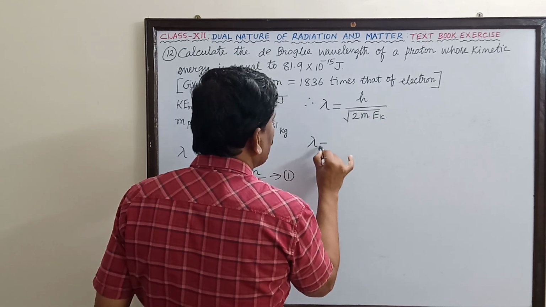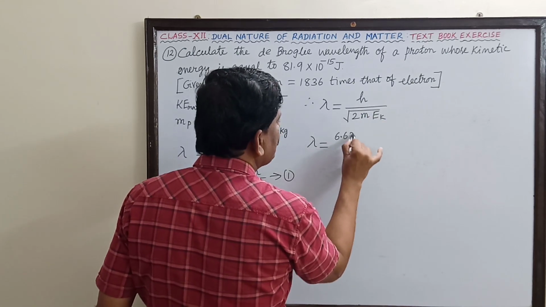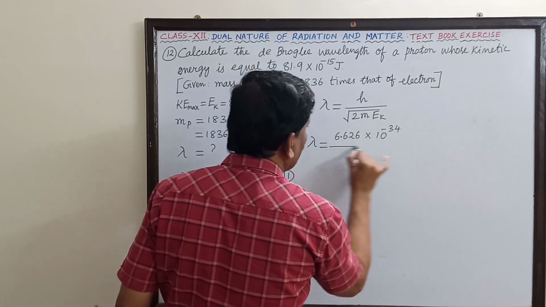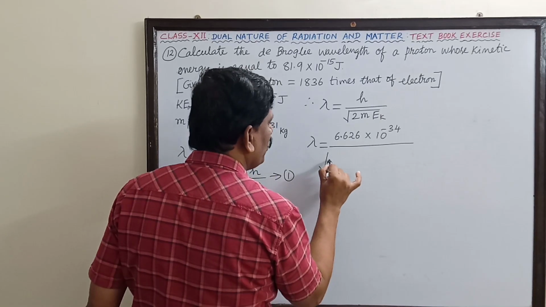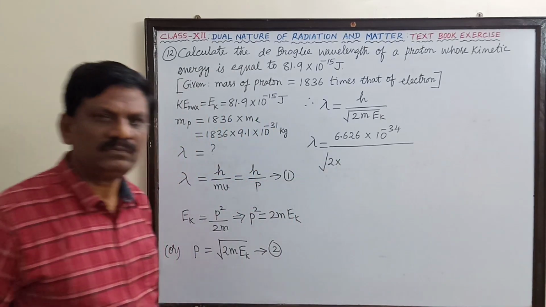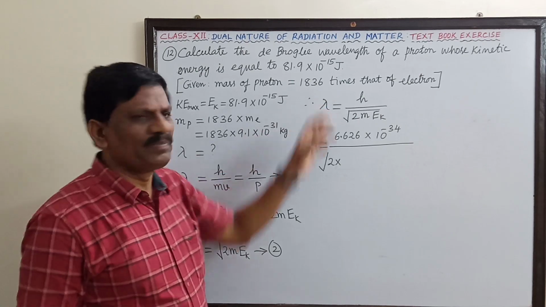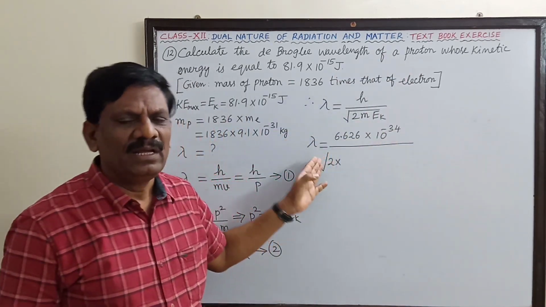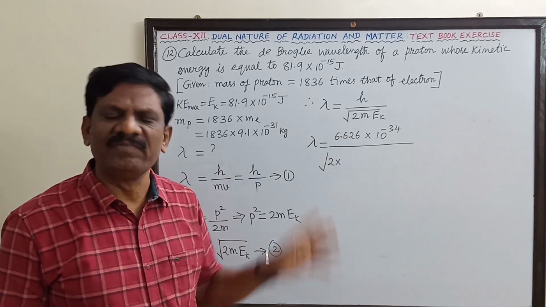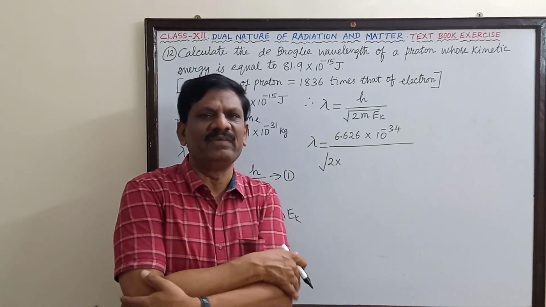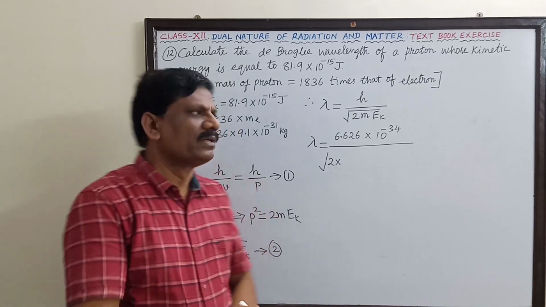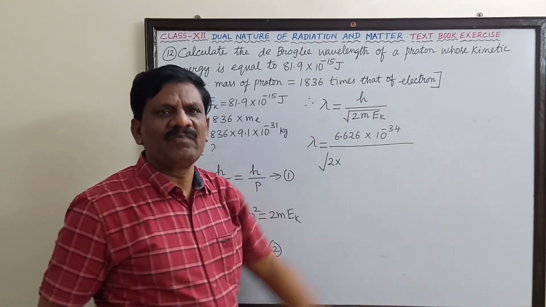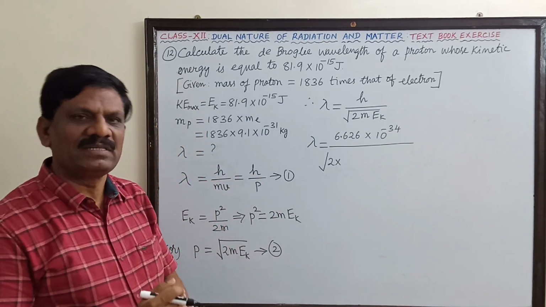So lambda is now equal to 6.626 into 10 to the power of minus 34 joule second divided by square root of 2 into. Now, if they have not given this information, we can directly substitute the mass of the proton, that is 1.67 into 10 to the power of minus 27 kg.